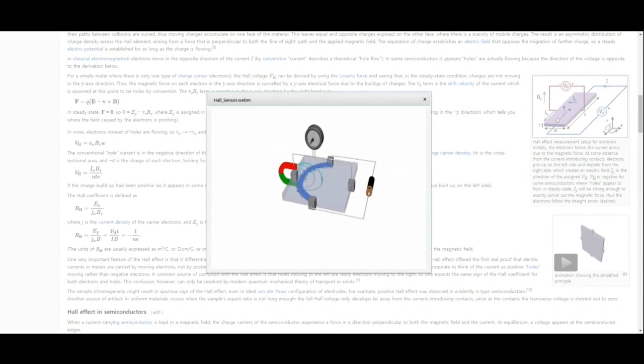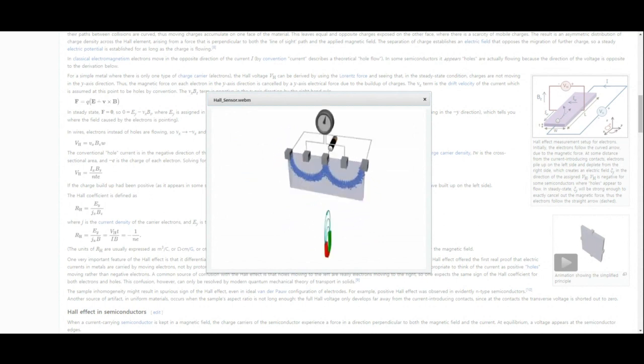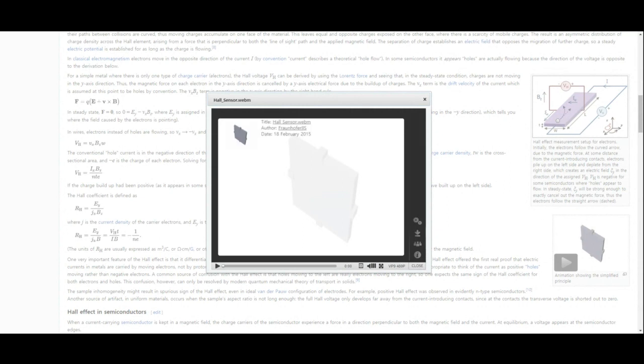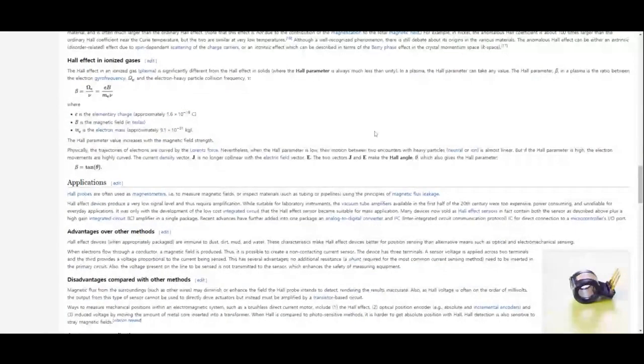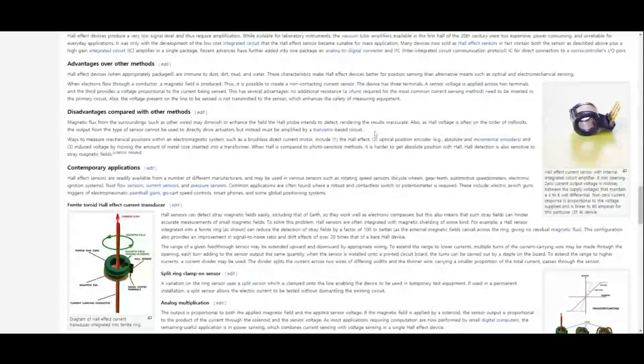This is also a good animation to understand the Hall effect. Yeah, there are many applications.